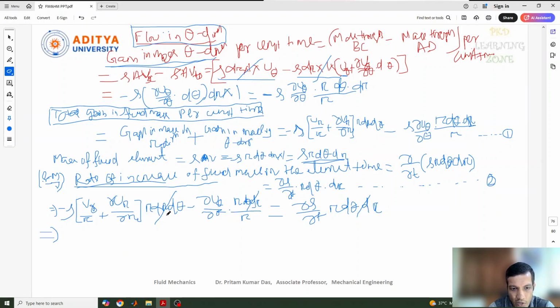So let us take all these terms to one side and make the equation equal to 0.